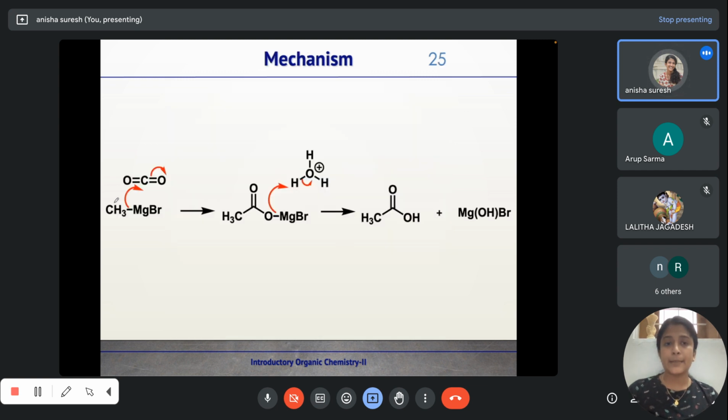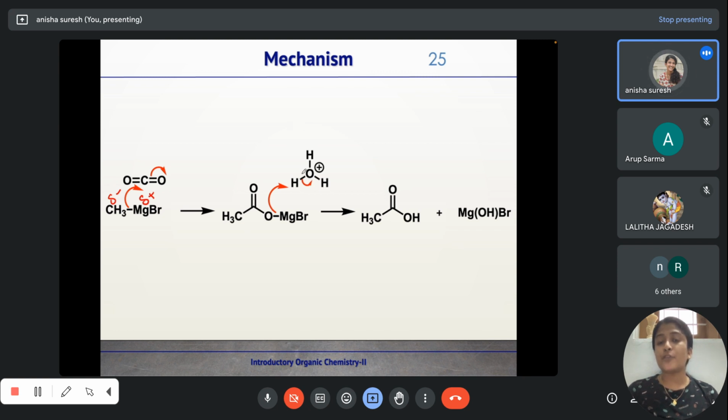So we can see the mechanism. In CH3MgBr, this will have delta negative and this will have delta positive charge. This delta negative CH3 minus will attack the carbon atom of carbon dioxide. It will result in opening of one of the C double bond O bonds, and the formation of the intermediate CH3COO minus MgBr plus. This O minus will form an ionic bond with MgBr plus.